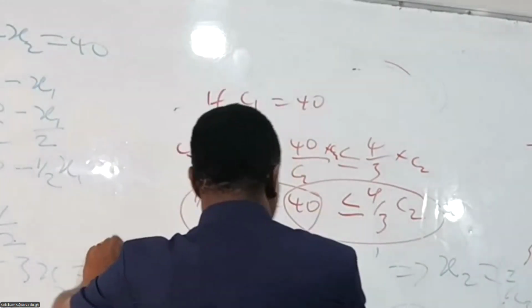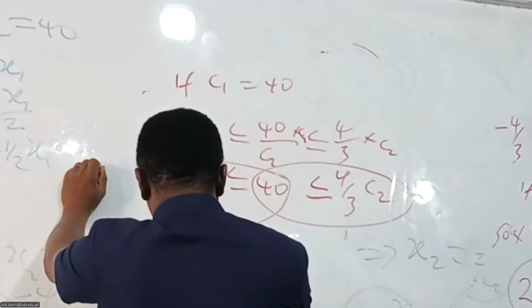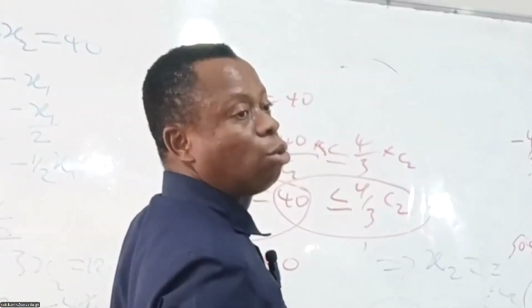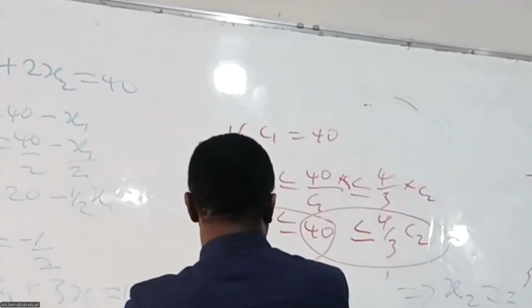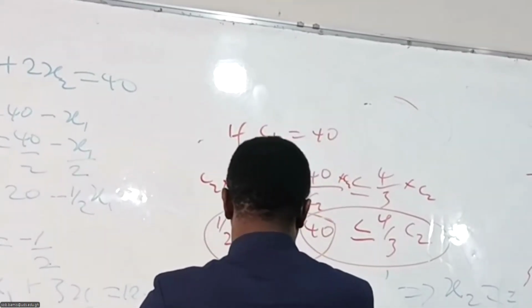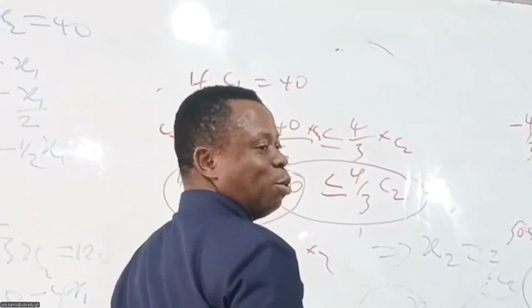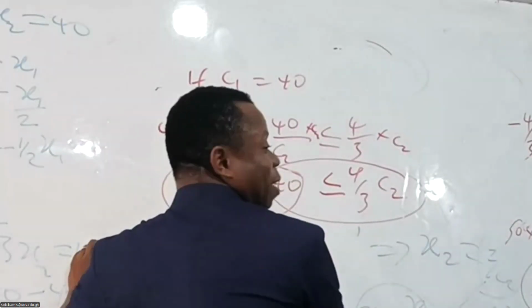It means that on this side, C2 is equal to 40 times 2, which is 80.